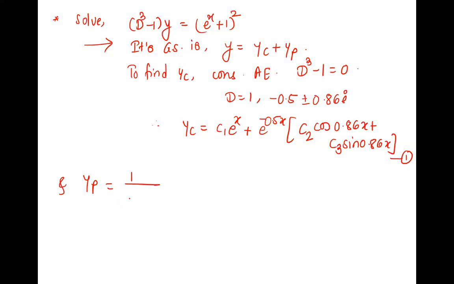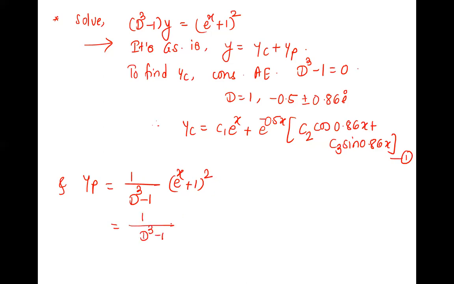So now we go to YP. YP is 1 upon D cube minus 1 into your function on the right hand side, (e raised to x plus 1) whole square. How do you solve this now? Concentrate on the function first. We do not have any such case where we have a power, so that power you should solve first.